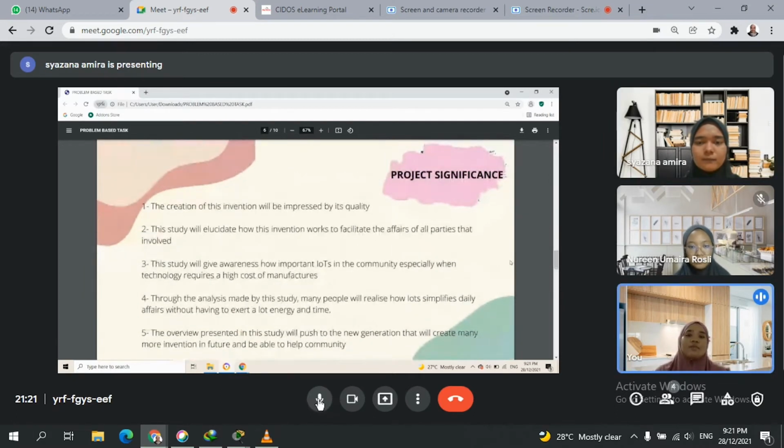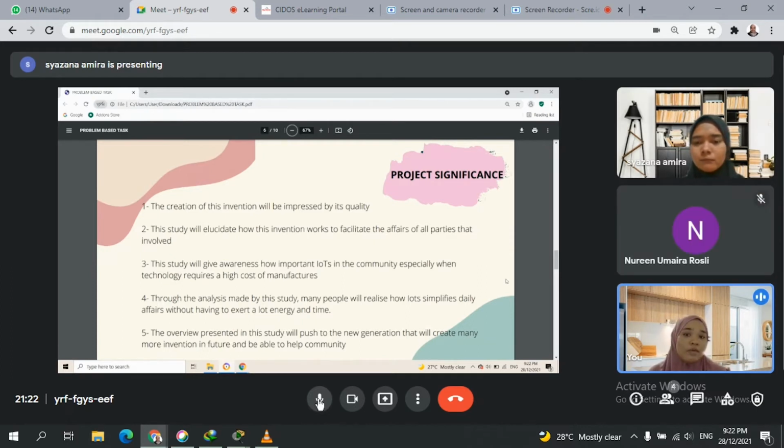For the project significance, first, the creation of this invention will be impressive for its quality. This study will elucidate how this invention works to facilitate the affairs of all parties involved. This study will give awareness of how important IoT is in the community, especially when technology requires a high cost from manufacturers.